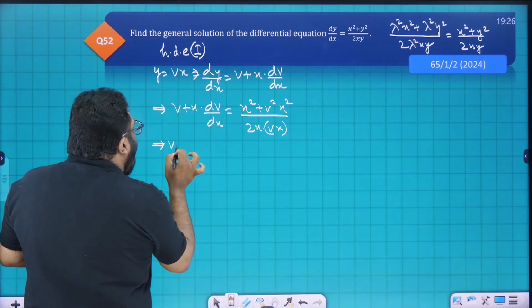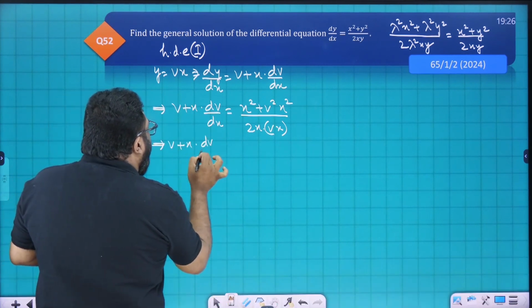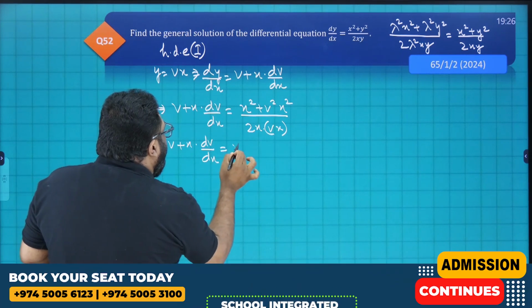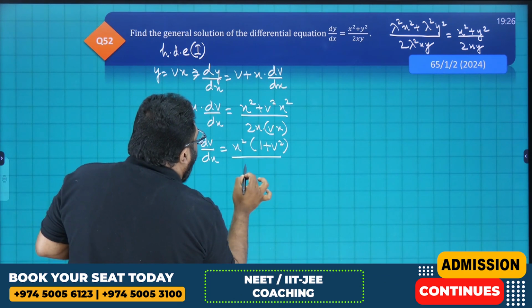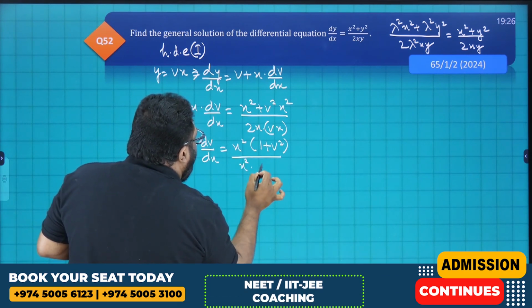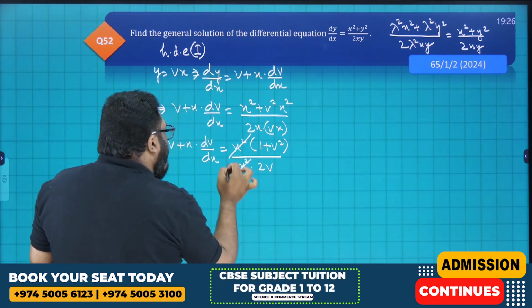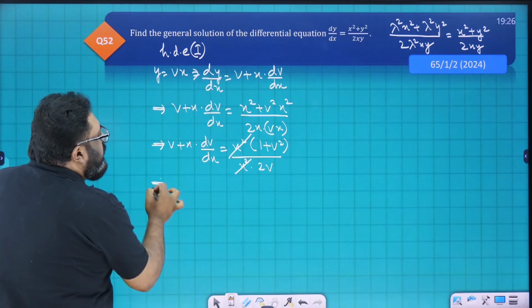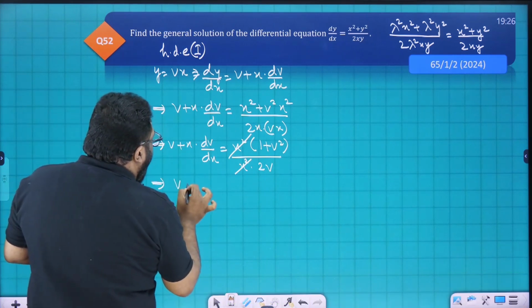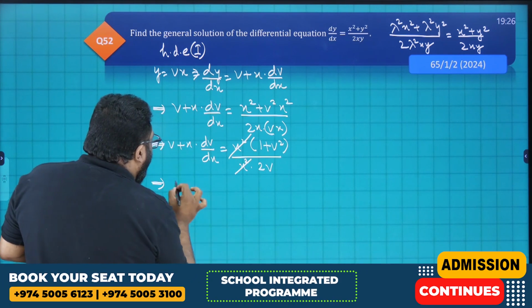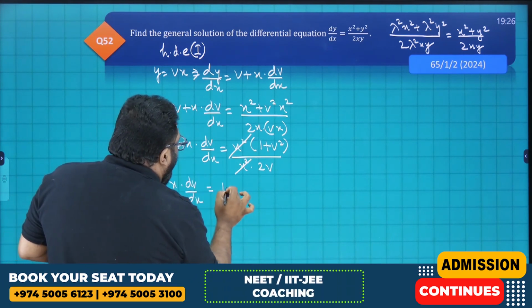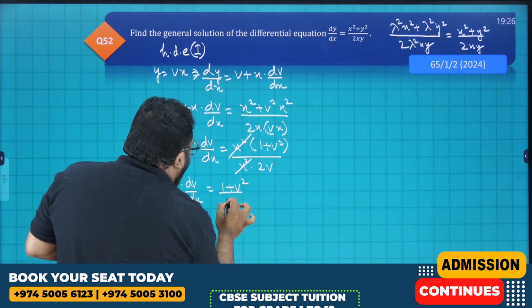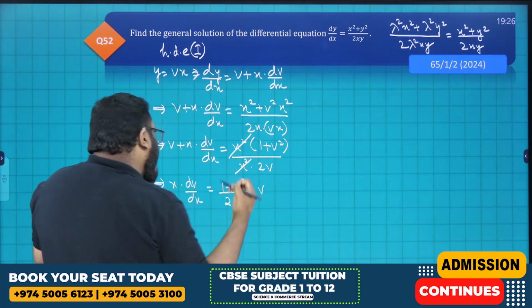So we'll see what's happening here. v plus x dv by dx is equal to x squared into 1 plus v squared, by x squared into 2v. Cancel off x squared both sides. That implies v plus x into dv by dx is equal to 1 plus v squared by 2v.